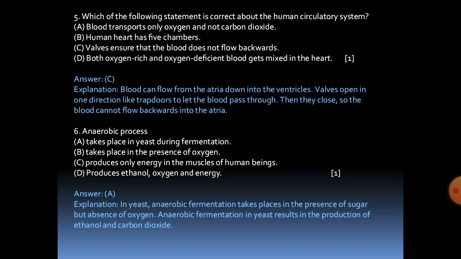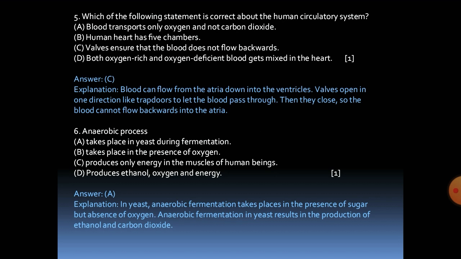Question number 5th and question number 6th are MCQ based questions. You have to answer the question with the help of these options and choose the correct option. The question number 5th is, which of the following statements is correct about the human circulatory system? Option A, blood transports only oxygen and not carbon dioxide.